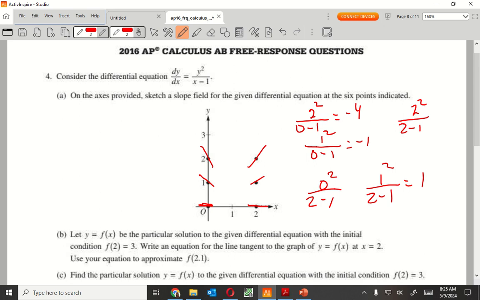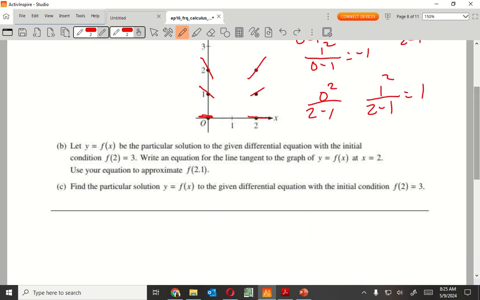All right, next part. Let f(x) be the particular solution to the given differential equation with the initial condition f(2) = 3. That means that if I have an initial condition, that's going to tell me what my c is. When you take your integration, you get plus c.